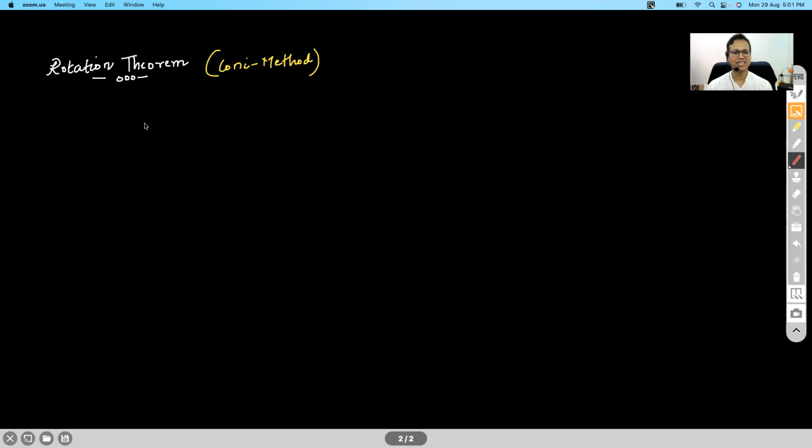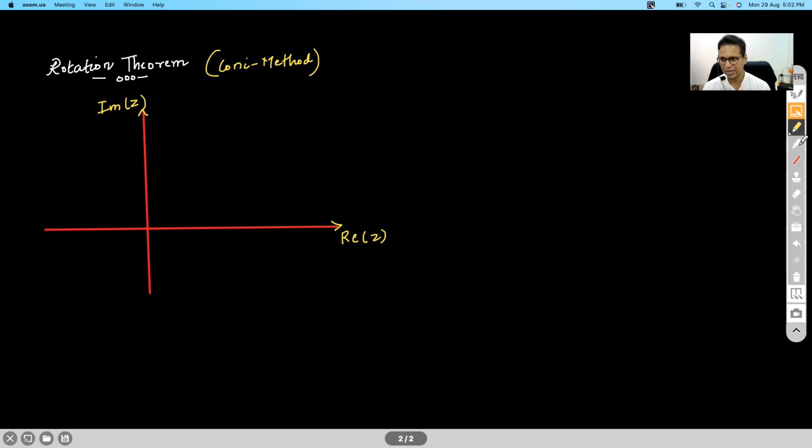So let us try to understand this theorem. Now, let us say this is your Argand plane. On this Argand plane, there are three complex numbers. Let me choose them as, let's say, Z1.